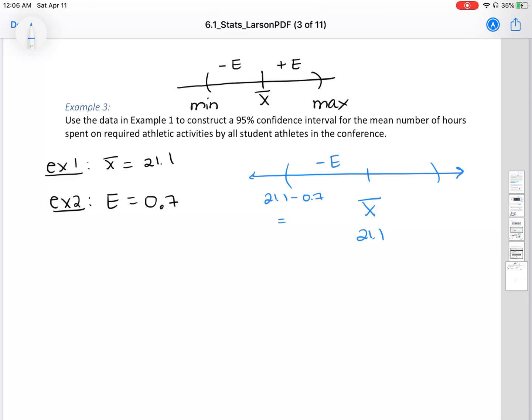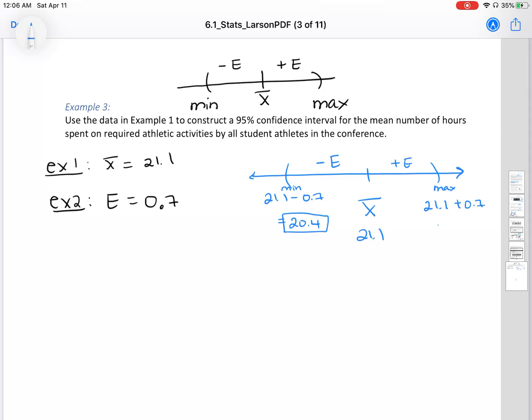and our answer is 20.4. That's one of our answers. And then we're going to add E to find our max. And so that ends up being our mean, 21.1 plus 0.7.